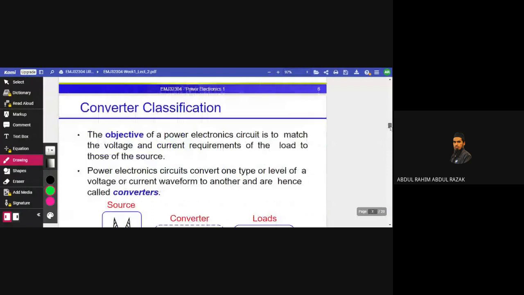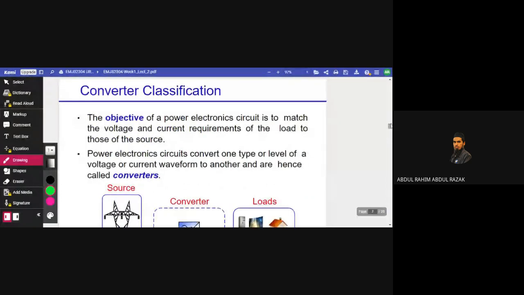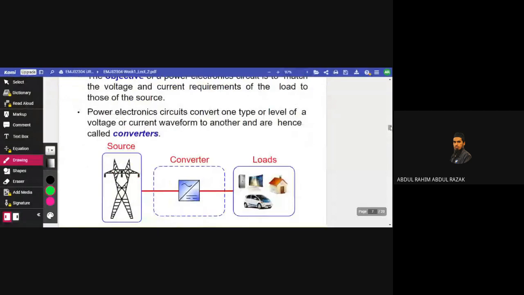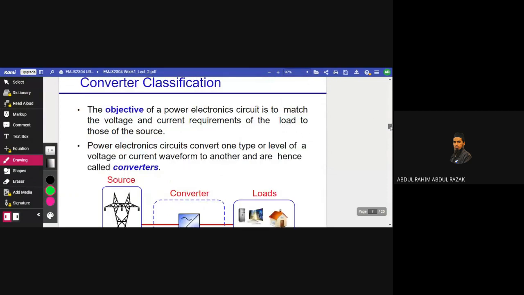Other than that, the converter is also required. For example, we have a source of AC, and we want to supply or charge our load, such as electric vehicles, refrigerators, our entertainment appliances, so we need a DC.